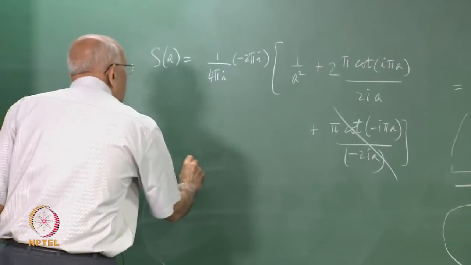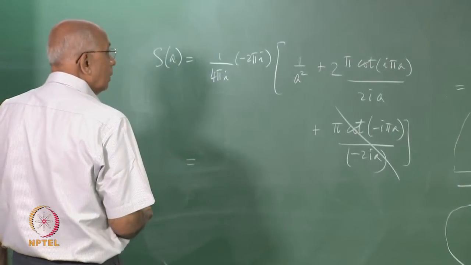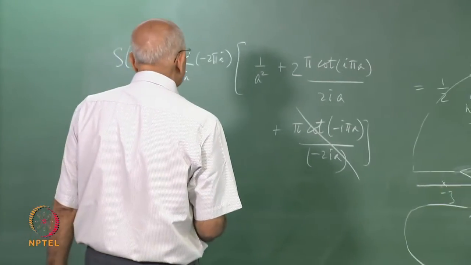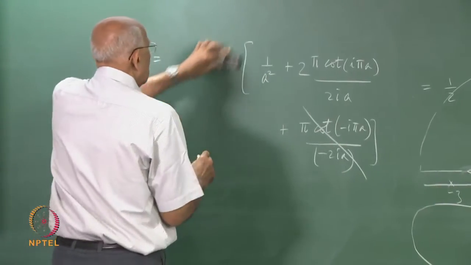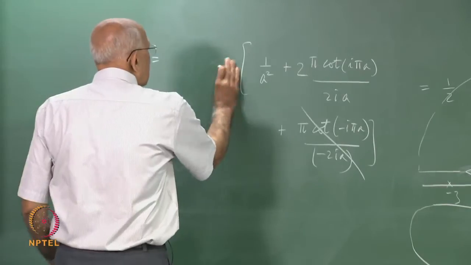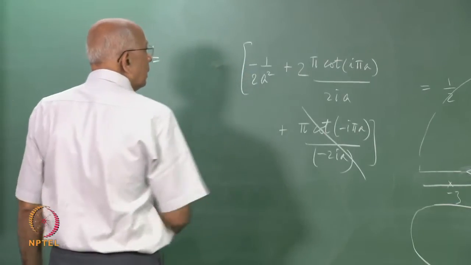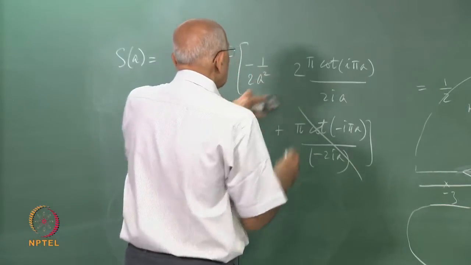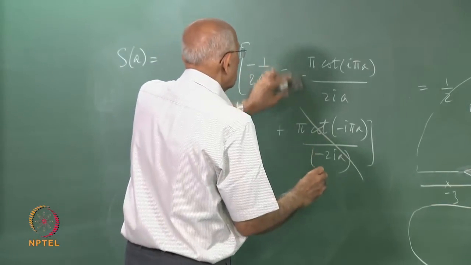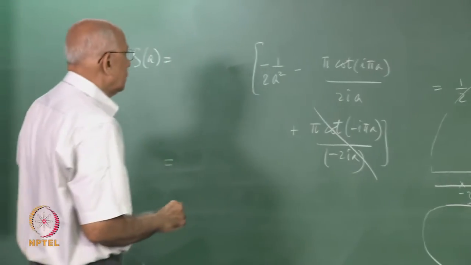This is equal to, I should be careful now. So, this gives me a minus half, so 1 over 2a squared minus sign, and then a minus half, so that became a minus, and the half goes away in this fashion.